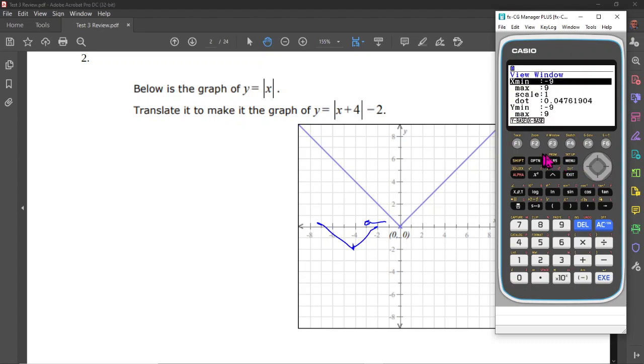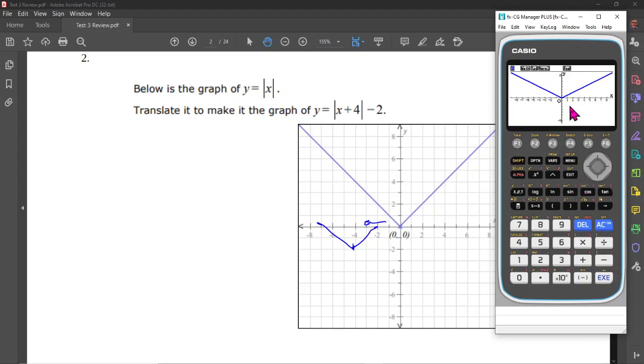I did this so many times. How do I get back? Go to menu, graph. That doesn't do it. Shift. No, that doesn't do it. Once I've got it set, I want to look at the graph. Oh, execute. Right.